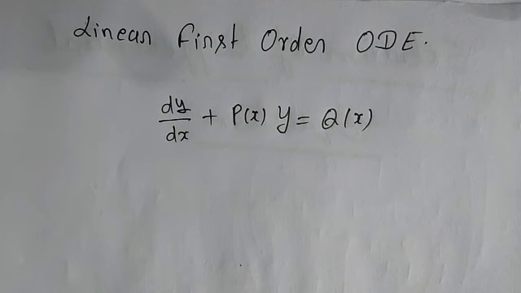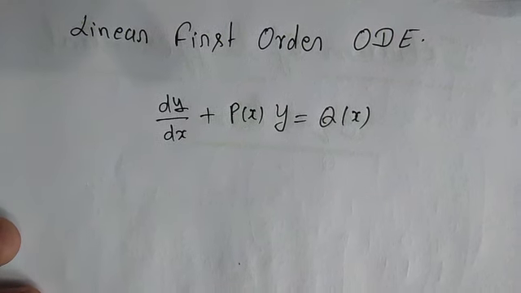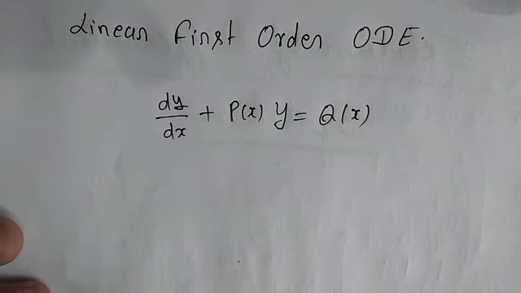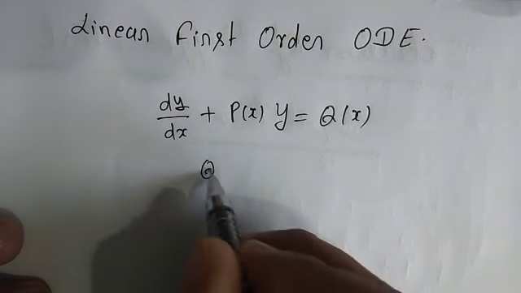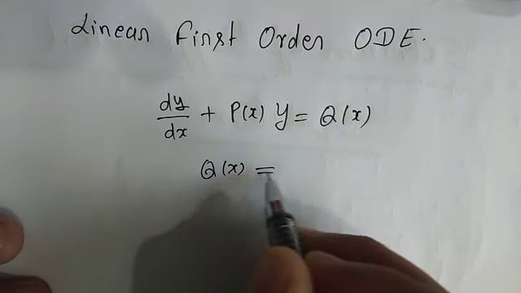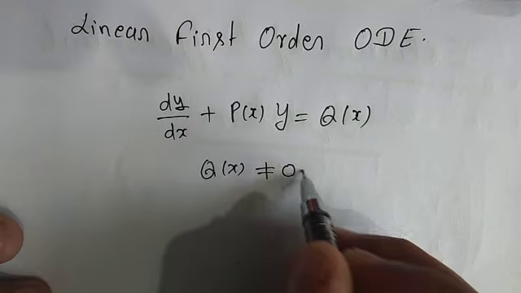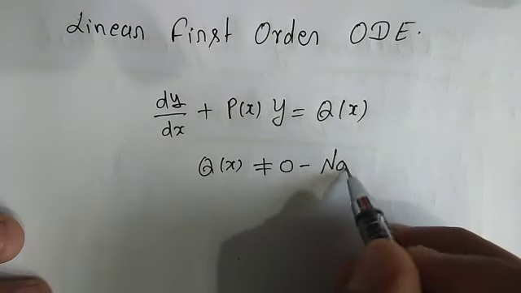So this is the linear first order ODE: dy by dx plus p(x) y equal to q(x), where p and q are functions of x. This is a non-homogeneous differential equation, since q is not equal to 0.